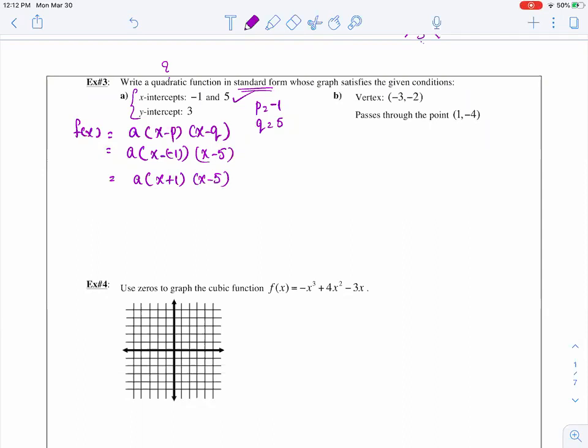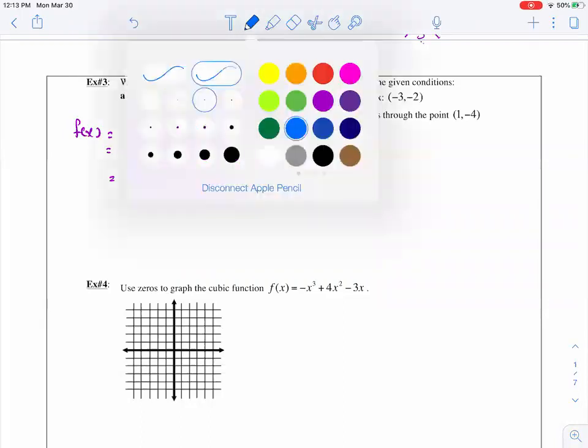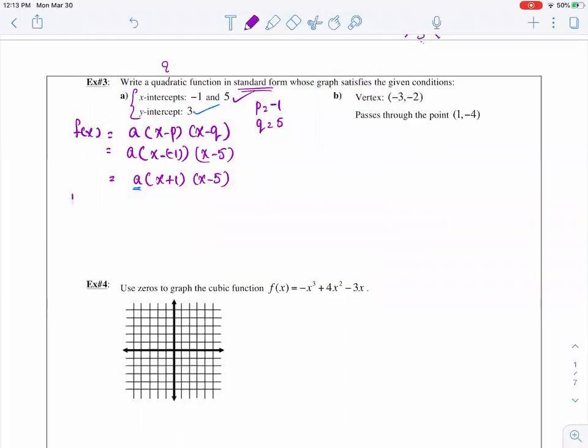Are we done with the problem? No. What else do we need to find? The a. Correct. This little a right here is still missing. Did we use everything that's given to us? No. So there is something here which we need to use. To get the a, substitute (0, 3) into the equation.